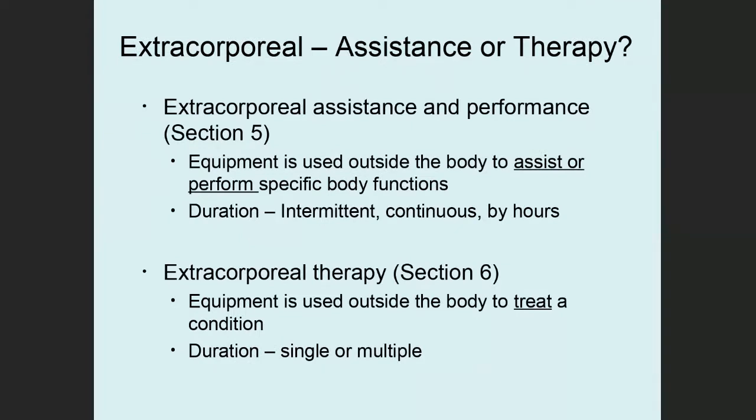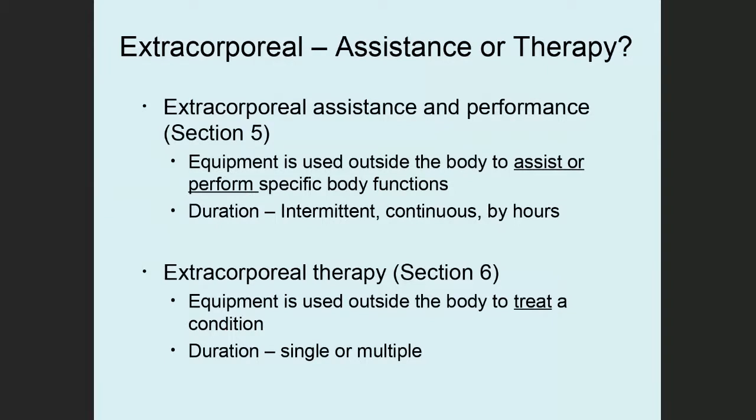So extracorporeal assistance or therapy. Do you use the value 5 or 6? Is it extracorporeal systemic therapy or is it assistance? So in extracorporeal assistance and performance, equipment is used outside the body to assist or perform a specific body function.